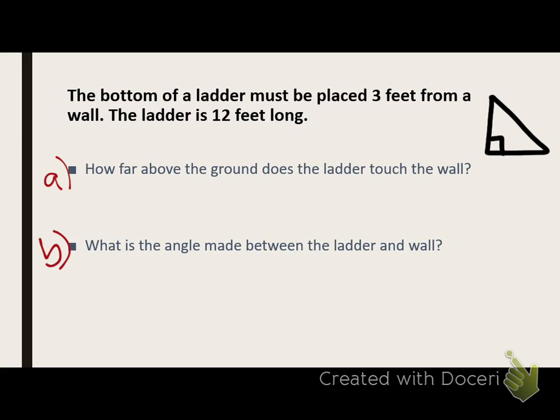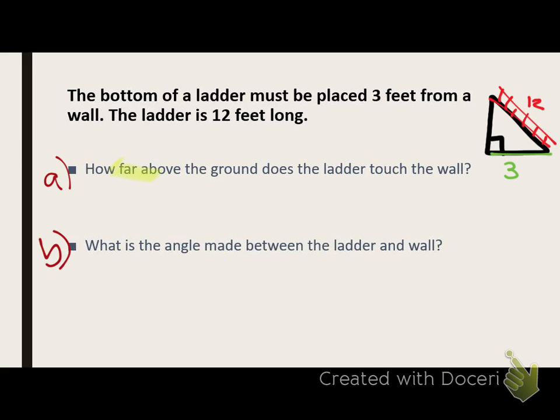What's the ladder always going to be? The hypotenuse. And it's 12 feet, right? Then it says you place 3 feet from a wall. So what's that going to be? The bottom. How far above? So far, is that an angle? That's a length.